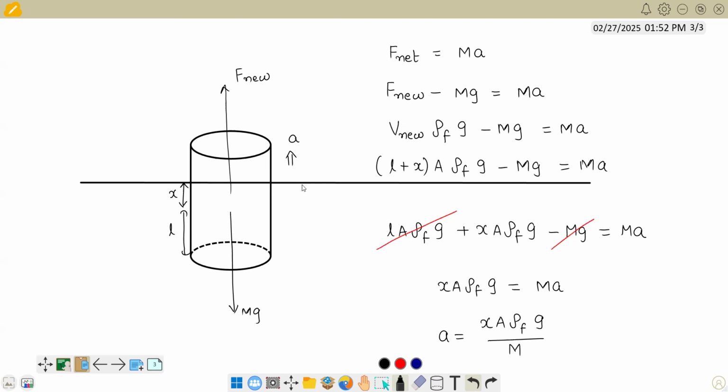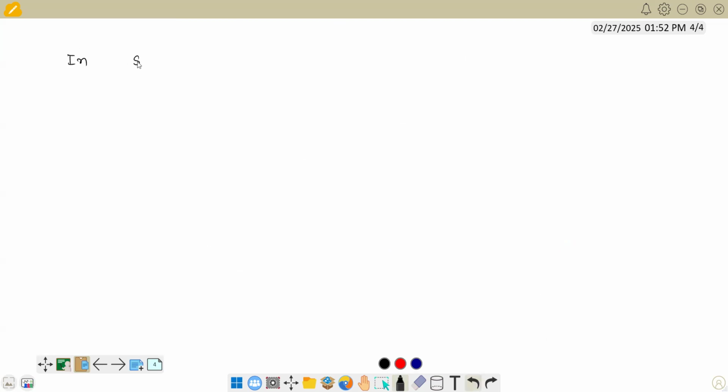If you look at it vectorially, we know in SHM the direction of acceleration would be minus omega square into x bar. Whatever is the direction of displacement, the direction of acceleration would be opposite. Even though we write simply a equal to minus omega square x, here x and a are proper vectorial representations, because magnitudes can never be negative, right?